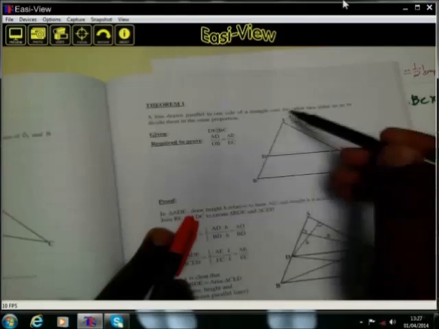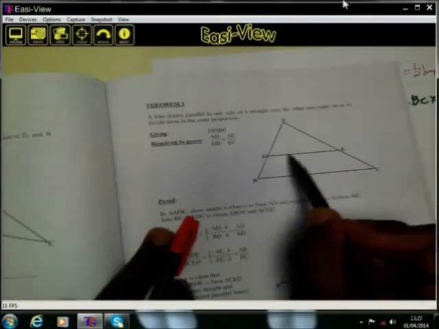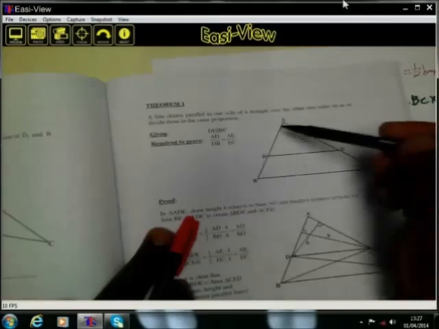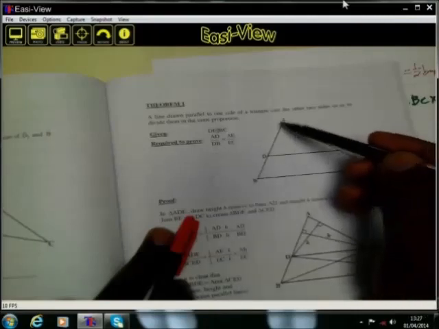Remember, before the extension D, we only had side AB. But because of this, we now have side AD over DB must be in proportion with side AE over side EC. That is what is requested of us.